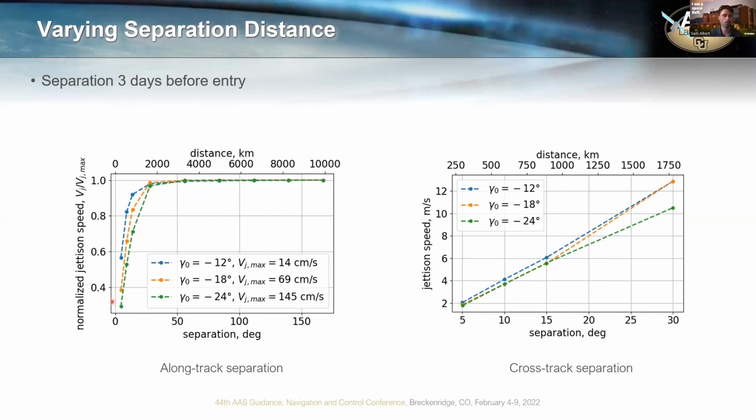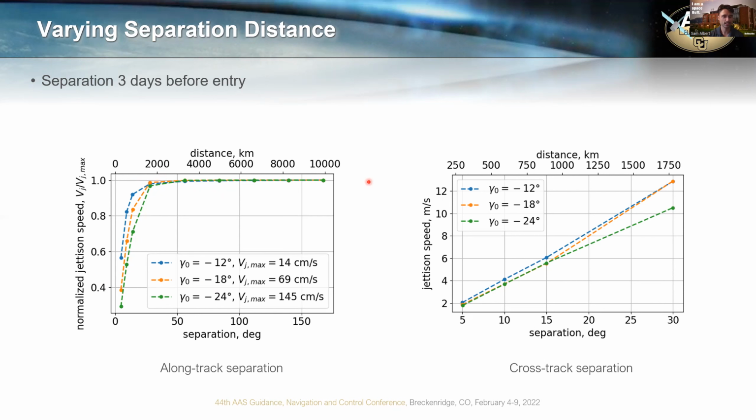Furthermore, for a while, the jettison speed that's required increases every time you increase the desired separation, but then it really plateaus out after about maybe 15, 20 degrees separation, maybe 1,000, 1,500 kilometers separation, in other words. And after that point, very small changes in jettison speed create very large separations on the surface. And so we'll get to it in a minute why that's a problem.